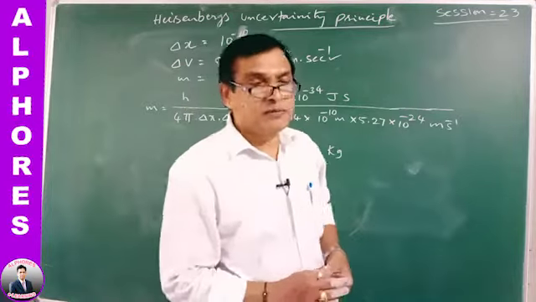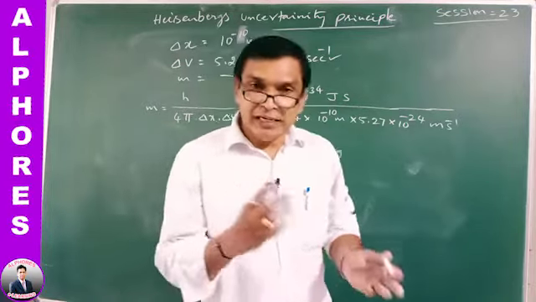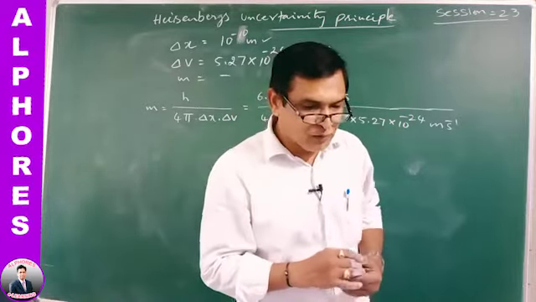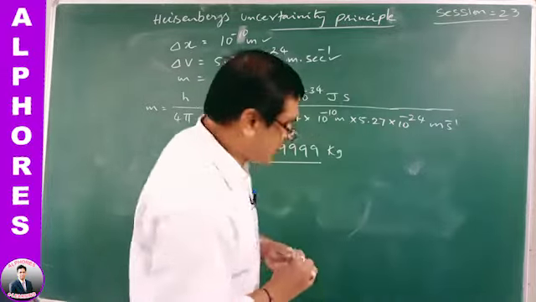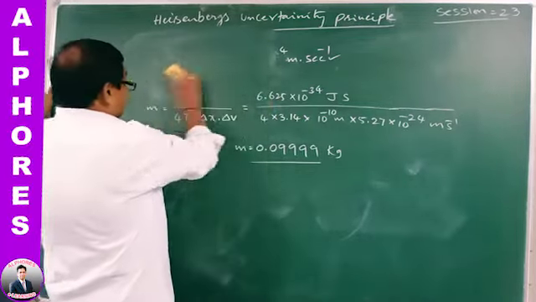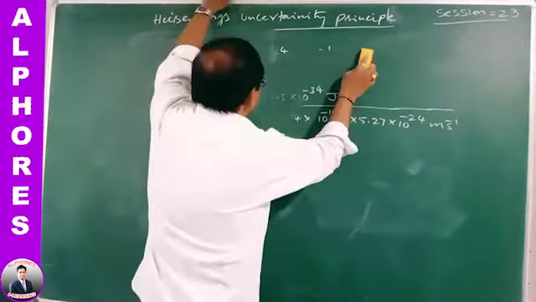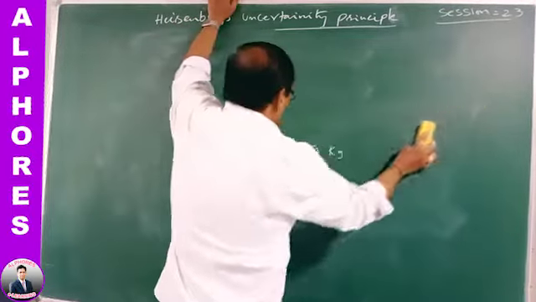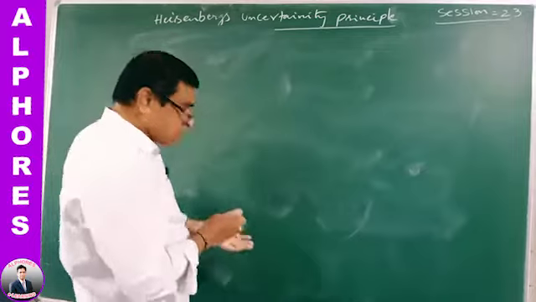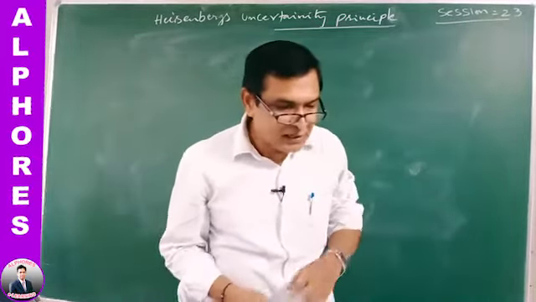What is the formula? Delta x into delta v equals h by 4 pi m. That we have to consider. Interesting problem. Once again, read it.